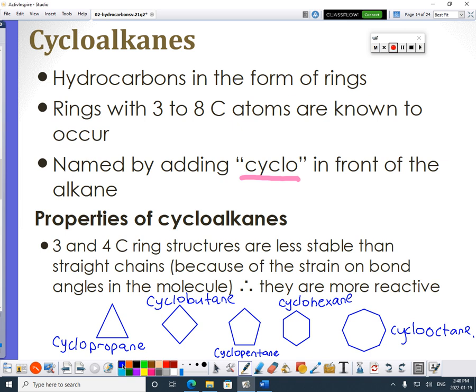It's like the circle of life, no beginning and no end. So that can make them actually easier for naming. Usually I wouldn't ask you to draw something like cyclooctane. How nice is it for me to be able to use my shapes? You guys obviously can't do that. Usually cyclohexane would be the limit.